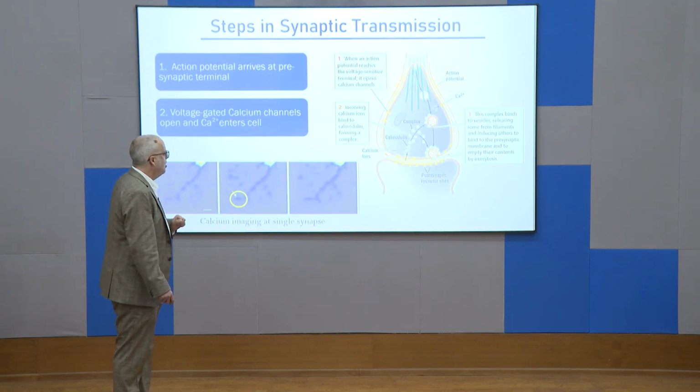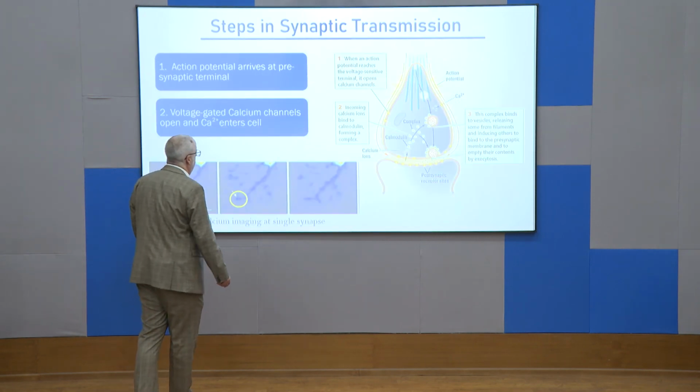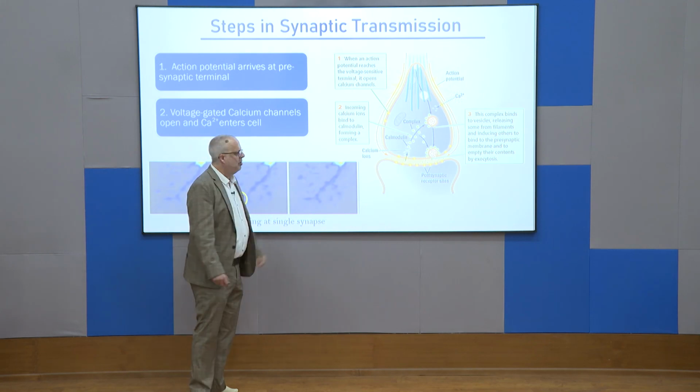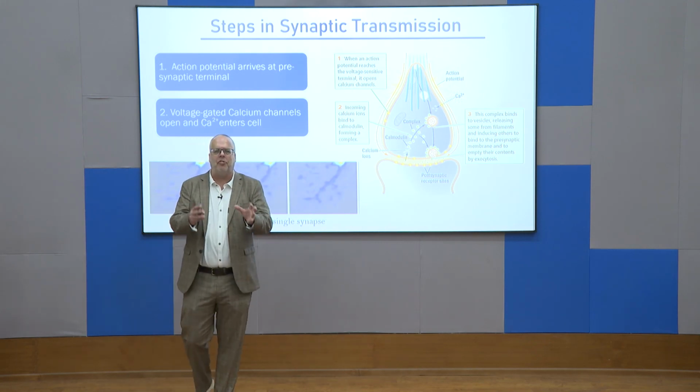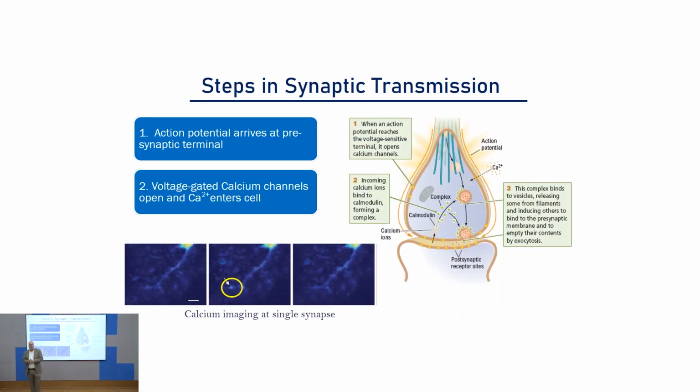So when that action potential arrives in the axon terminal, it leads to the activation of voltage-gated calcium channels. Now, in the last couple episodes when we talked about action potentials, we talked about voltage-gated channels. Calcium is a positive ion. There's a lot more outside than inside the neuron. The inside of the neuron is electrically negative.